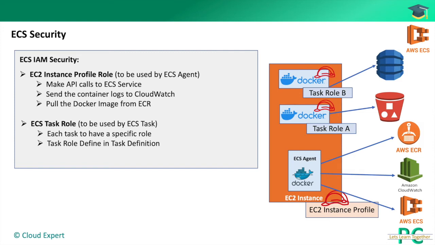So with the help of the EC2 instance profile and the ECS task role, we can equip that ECS cluster, or the EC2 instance inside the ECS cluster, to perform tasks as per the requirement. One point to be remembered here: even if the containers run on the same system, they don't interact with each other unless we specify. They can scale independently.